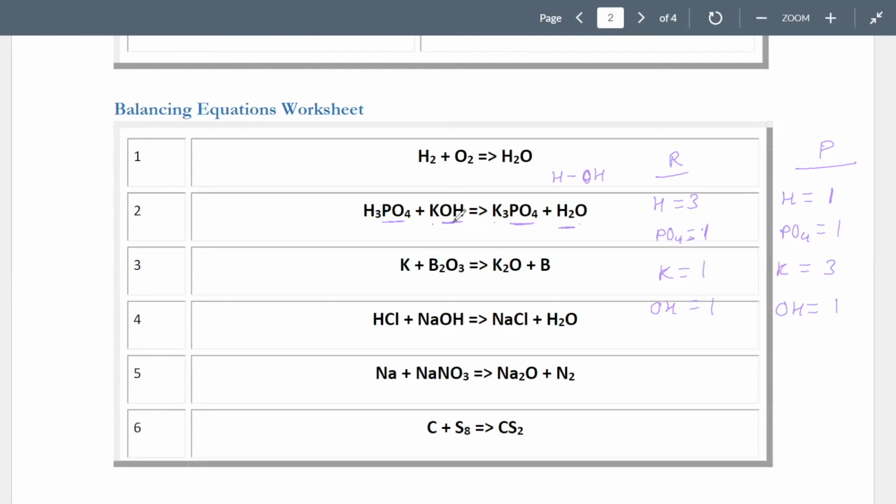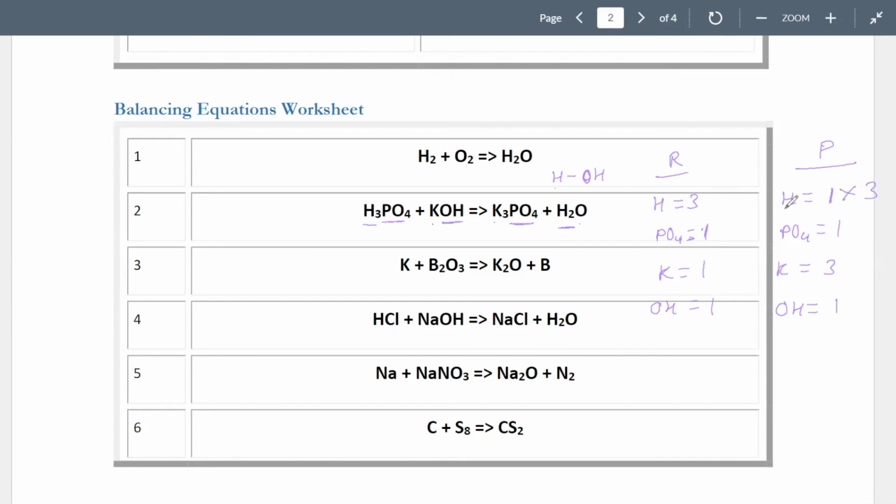First, we're going to balance the elements that appear in the fewest numbers of molecules, which means we can start with either hydrogen or potassium. We're going to start with hydrogen. We have 3 hydrogen atoms over here, and there is just 1 hydrogen atom. To make this 3, we will multiply this by 3.